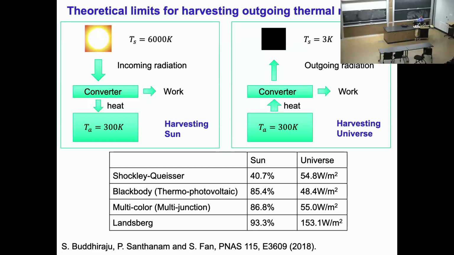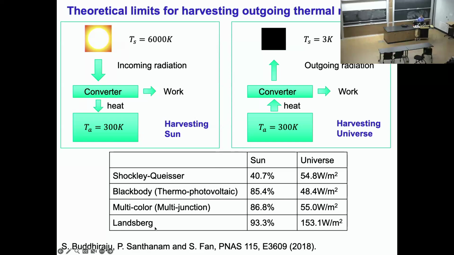of the sunlight? And depending on how you construct this converter, there's a list of theoretical limits ranging from Shockley-Queisser, which is the standard single junction solar cell, to multicolor, which is a multi-junction solar cell, to the Landsberg limit, which is the fundamental theoretical limit.